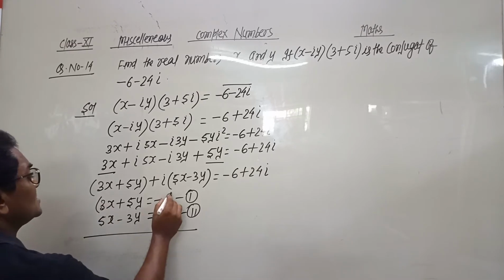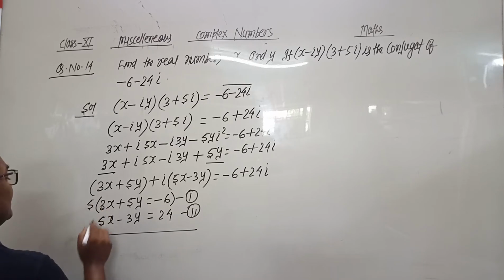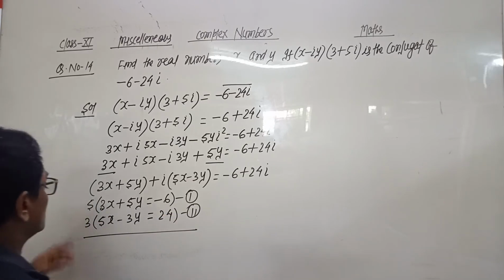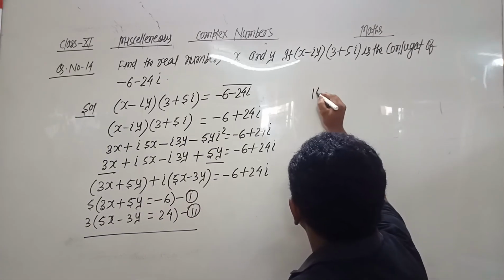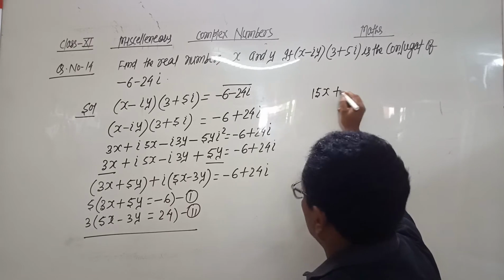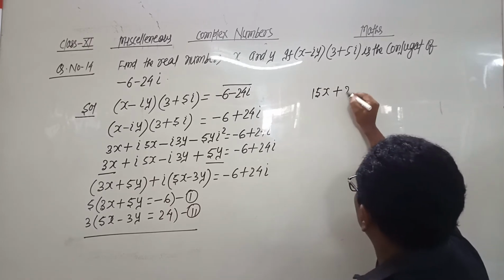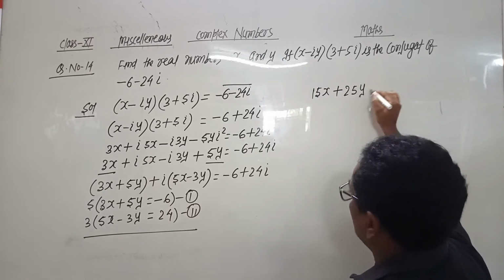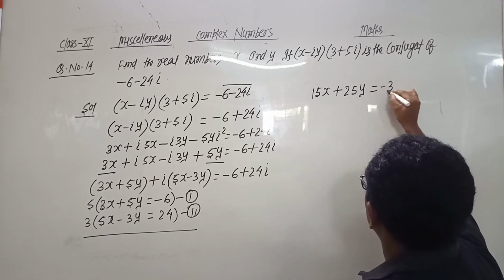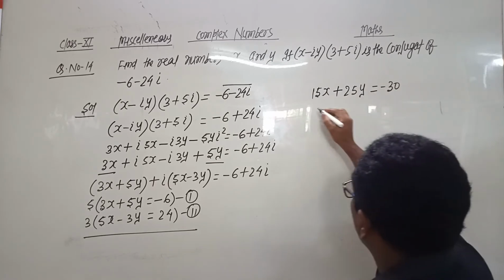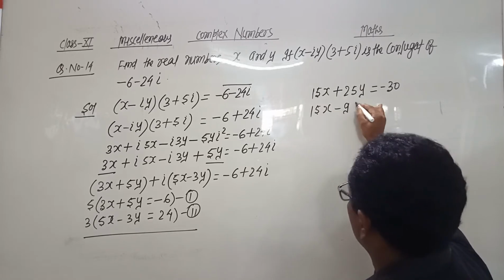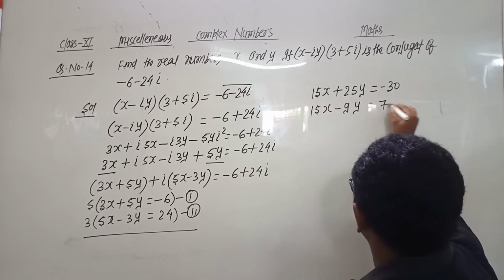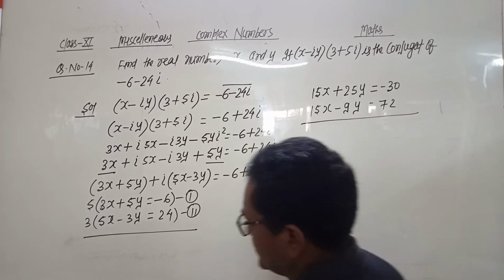Now we have to solve these two equations to get the values of x and y. Multiply the first equation by 5 and the second by 3. We get 15x plus 25y equals minus 30, and 15x minus 9y equals 72.